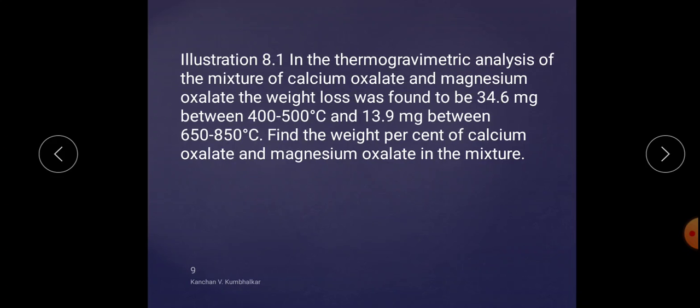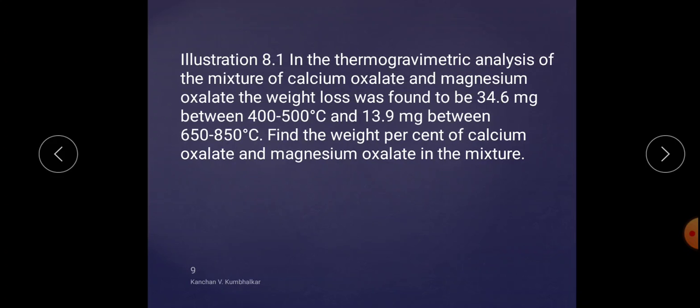Now the next point is an example on the basis of which we can identify the percentage of calcium and magnesium in a mixture of calcium and magnesium oxalate. In the thermogravimetry analysis of a mixture of calcium oxalate and magnesium oxalate, the weight loss was found to be 34.6 mg between 400 and 500 degrees Celsius and 13.9 mg between 650 and 850 degrees Celsius.